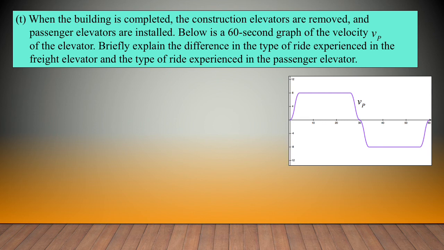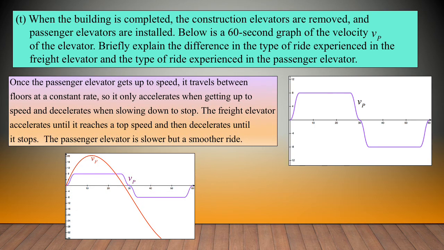Briefly explain the difference in the type of ride experienced in the freight elevator and the type of ride experienced in the passenger elevator. This is a different type of question because no calculations are required. However, we need to examine what is going on with the two speeds.